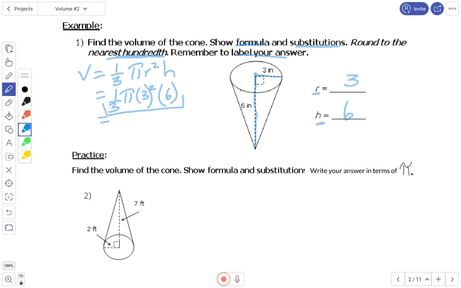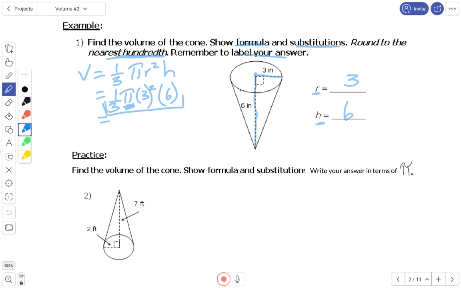And notice how when I did my substitution, I wrote pi, because remember, this year we are using the pi key. Do not put 3.14. You are going to use the pi key whenever we are dealing with circles this year. So now I'm going to pick up my calculator. I'm going to put 1/3 into the calculator. I'm going to hit my pi key, 3 squared times 6.